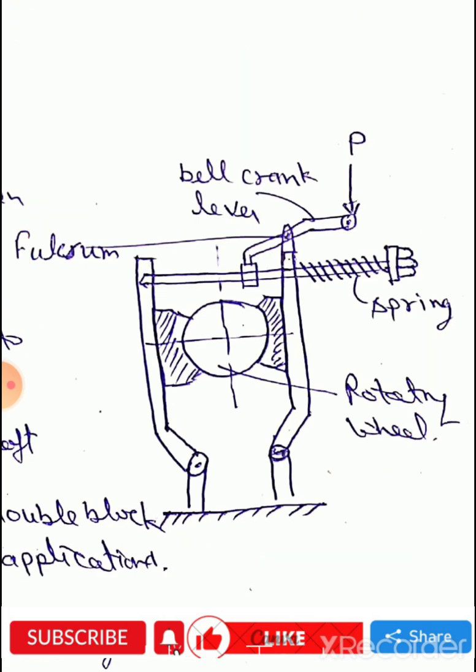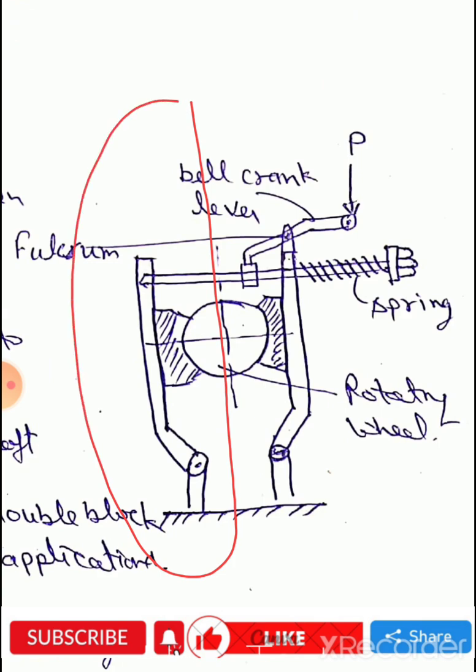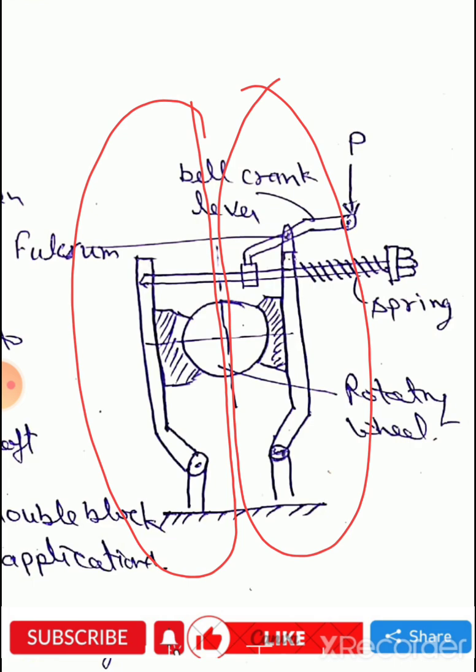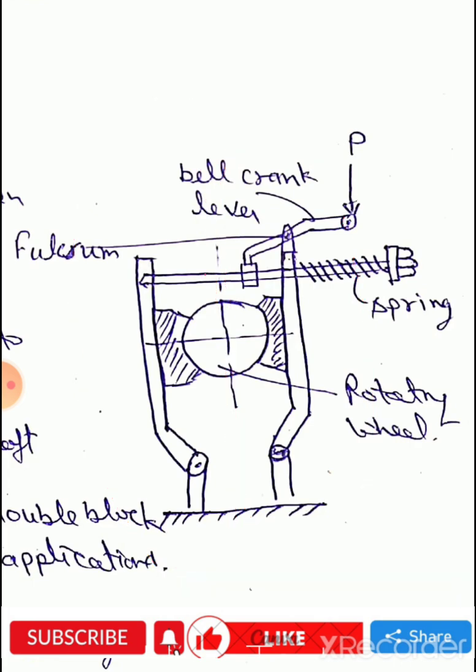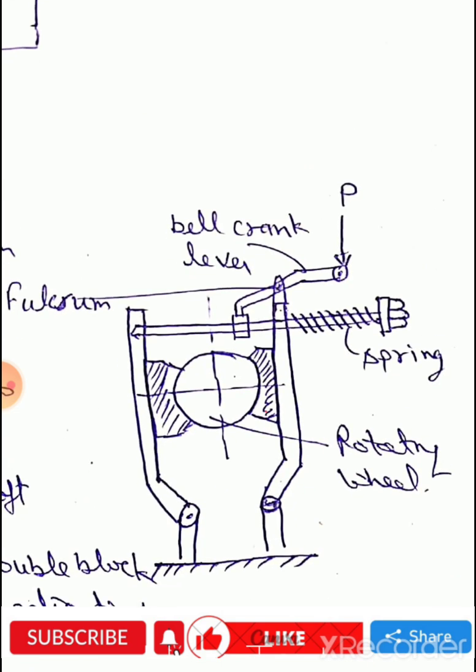In this figure we see two single block brakes, the first single block brake and the second single block brake. Here this is the wheel of rotation or drum. This is the shoe, the block shoe. This is also a bell crank lever, and this is also a bell crank lever.